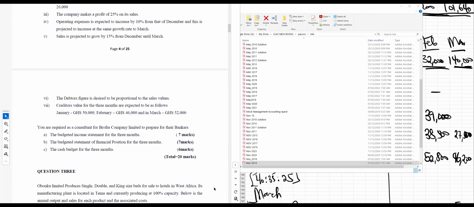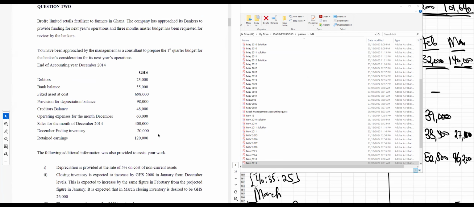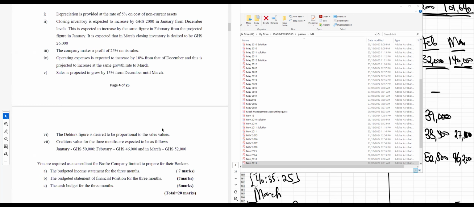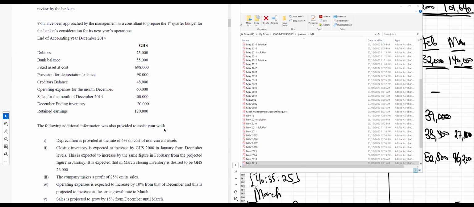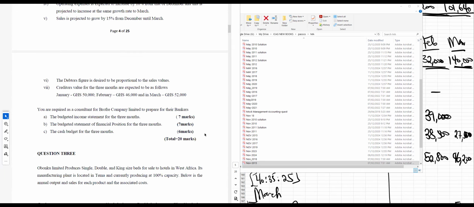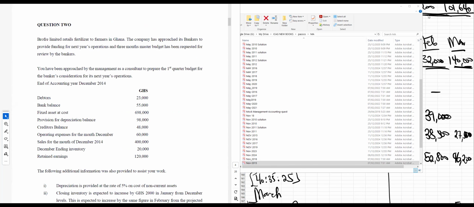It's not small work. So this is a master budget. So Sunday, this will be the first question we will solve, before we start looking at variances.